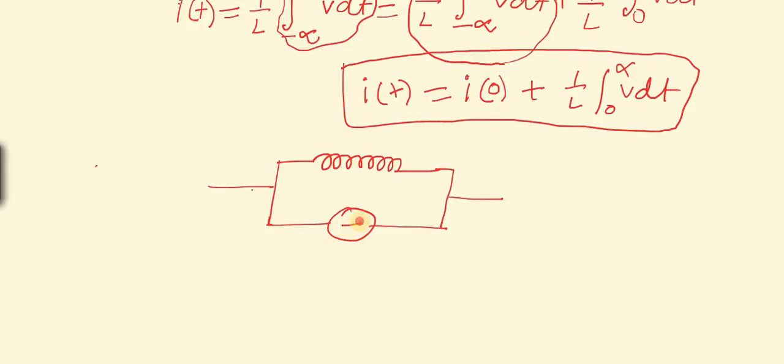This is the initial value of current, I 0, and the current flowing through this inductor is 1 by L 0 to infinity V dt, and this is our total current, right?